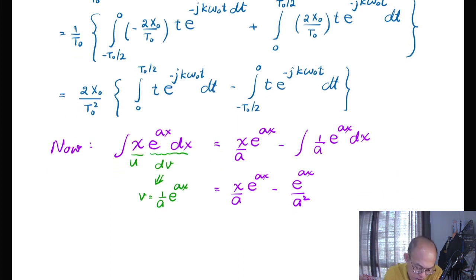Okay, so we use this formula and we plug in x as t and a as minus j k omega 0.